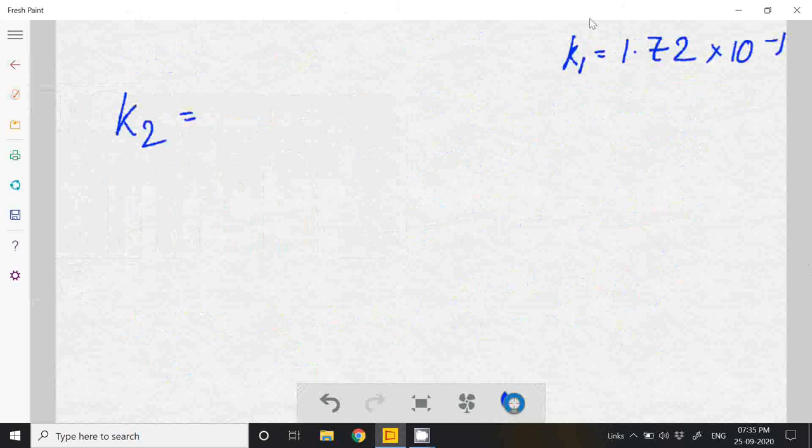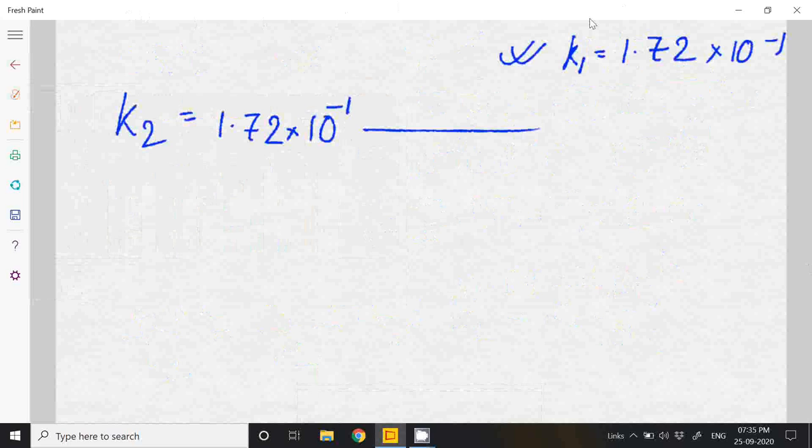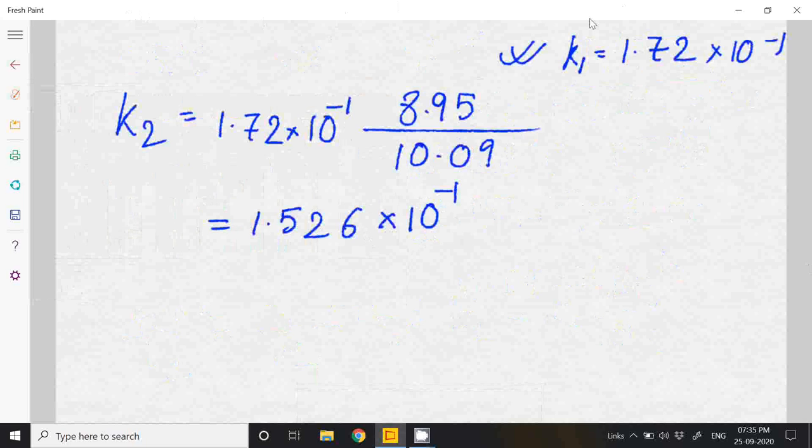I missed it out maybe, so you put it here. So it will be 1.72 into 10 to the power minus 1 into mu1 which is 8.95 by mu2 which is 10.09. So ultimately you get 1.526 into 10 to the power minus 1 centimeter per second.